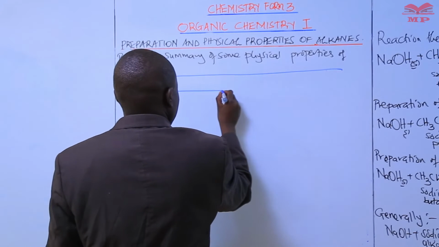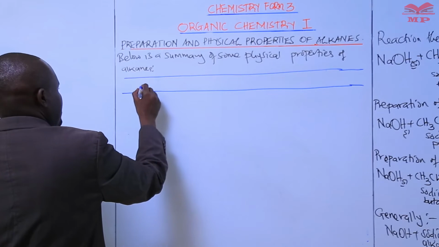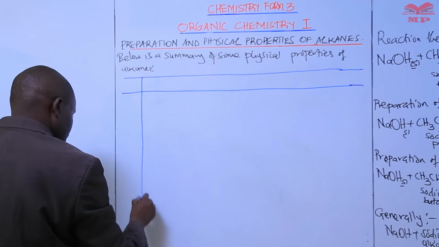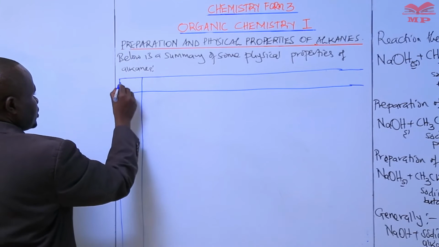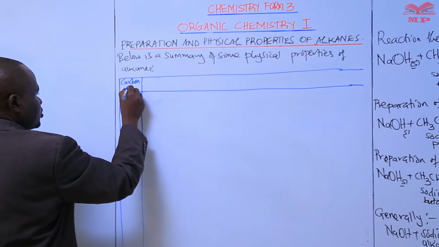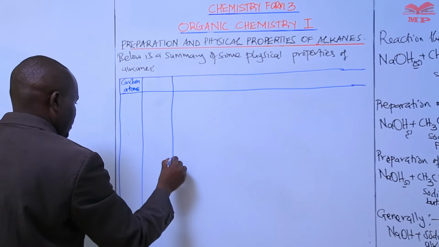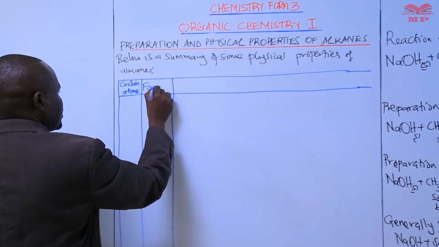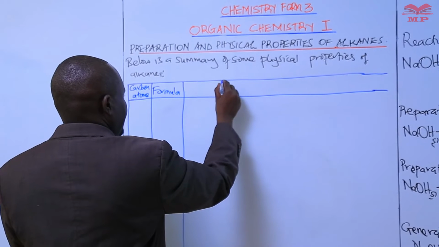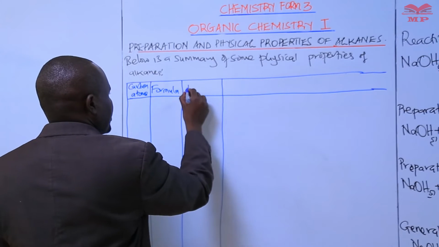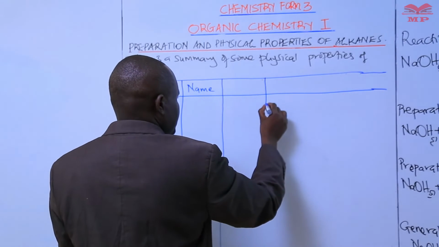So the first column of our table, we shall put the number of carbon atoms. Then we have the formula. Then we have the name. And then from the name, we shall have the state at room temperature.